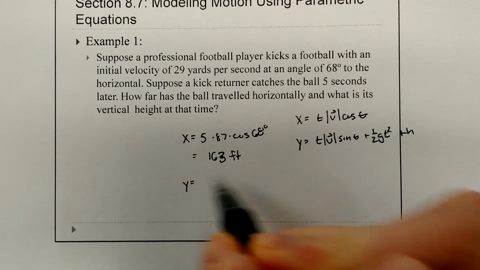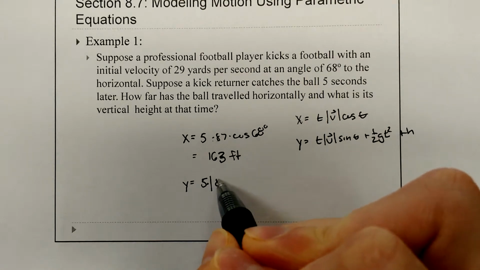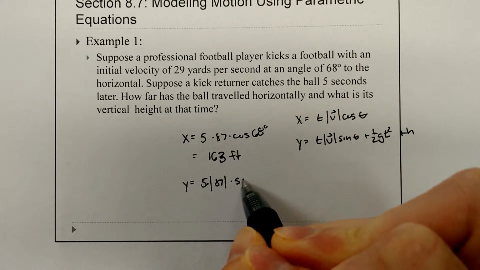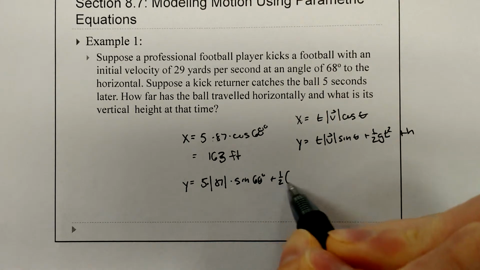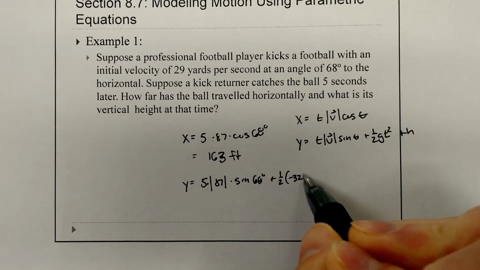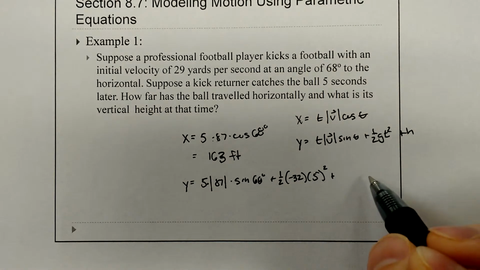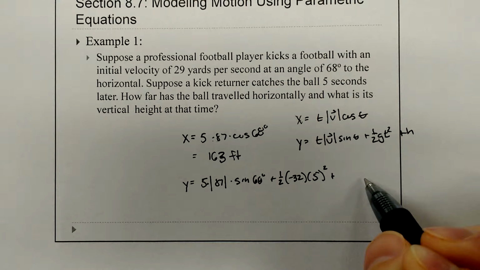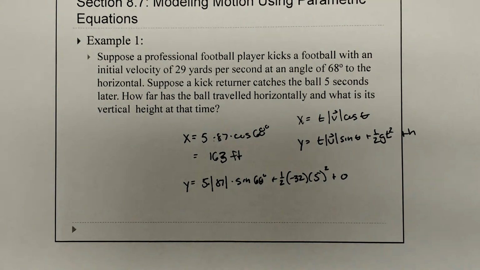So y is going to equal 5, the time. Oops, V is 87. The sine of 68 degrees plus 1/2. Since I'm in English units, g is negative 32, times 5 squared, plus, it's just kicked from the ground, so h is 0.